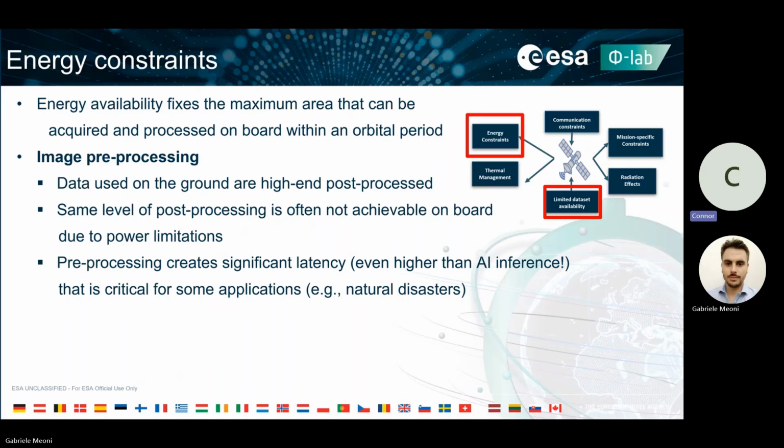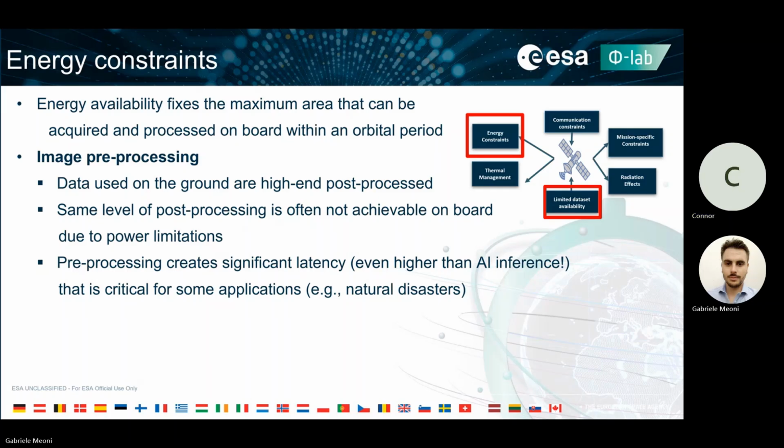So basically, again, if you need to do the same quality of processing level that you do on Earth, this might be very difficult to do in space. Also, for some applications, you don't just want to process the data, but you want to process them very quickly, because otherwise, if you need 1 hour to do the processing, you can simply download the data. You can use the bent pipe, and this is basically not really useful.